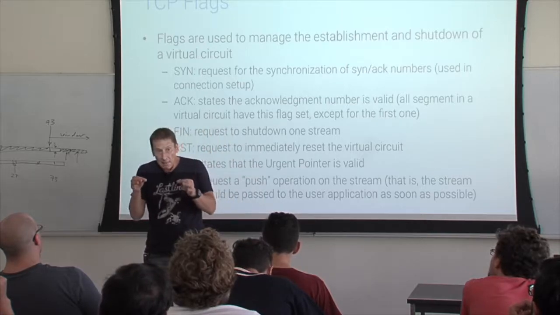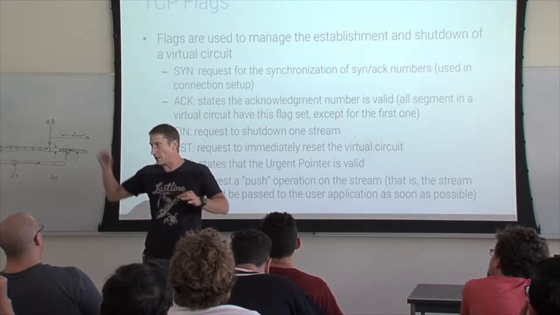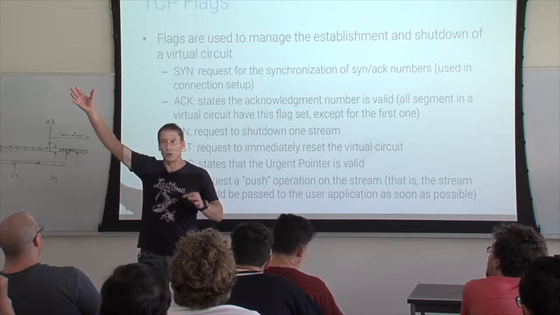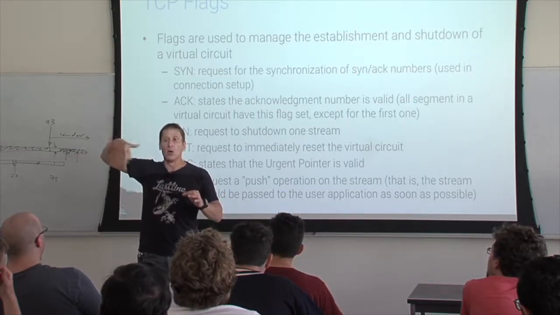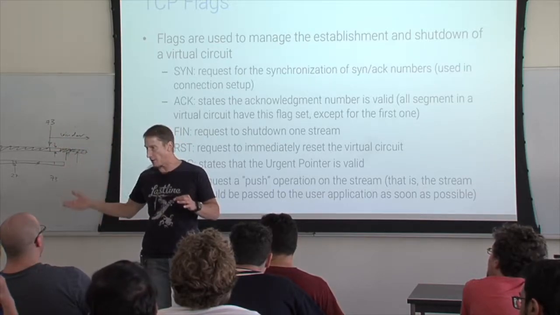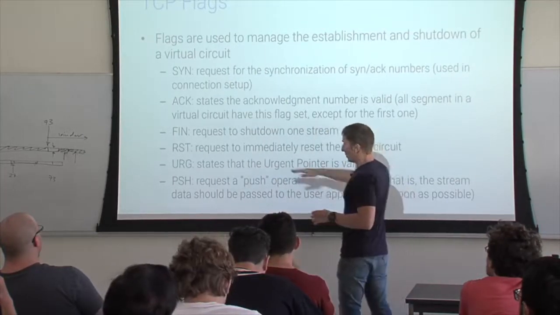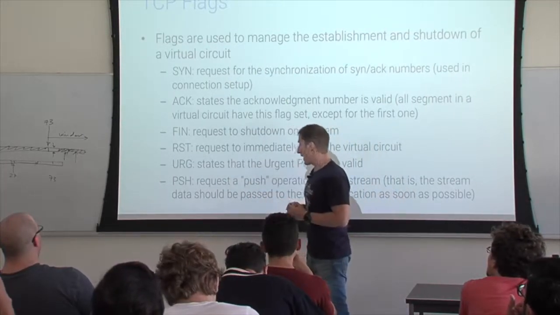The data pointed to by this pointer is actually more important than the other, and so it should pass to a higher level application and bypass the normal order of processing. This is fundamentally never used, but that's what the urgent flag is.